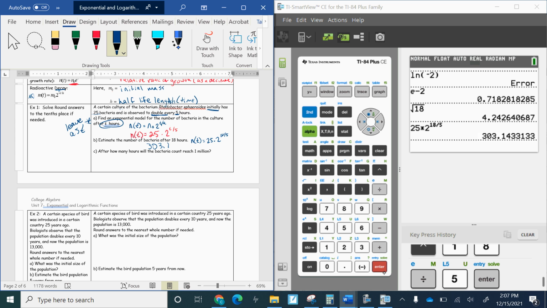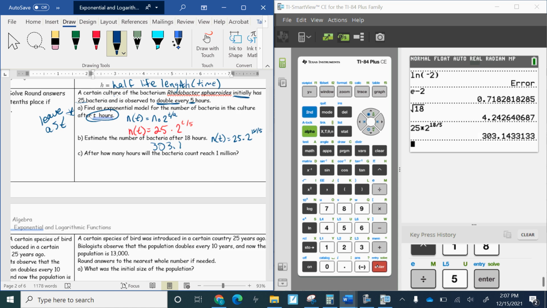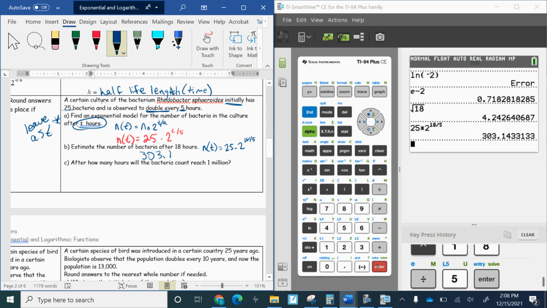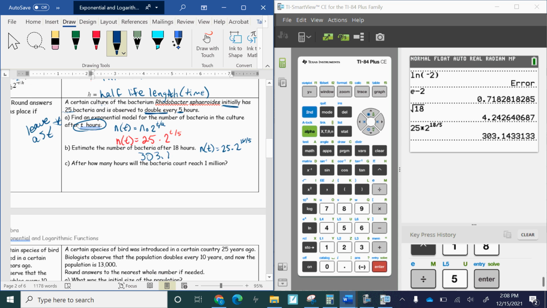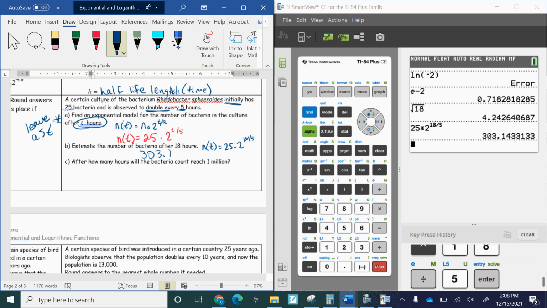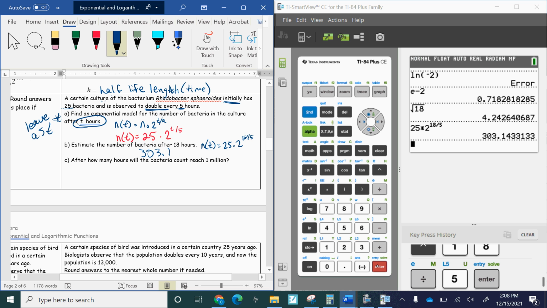After how many hours will the bacteria reach 1 million? And so 1 million needs to go where we have our amount, our actual amount. So we have 1 million equals 25 times 2 to the t over 5 because we're solving for t this time.